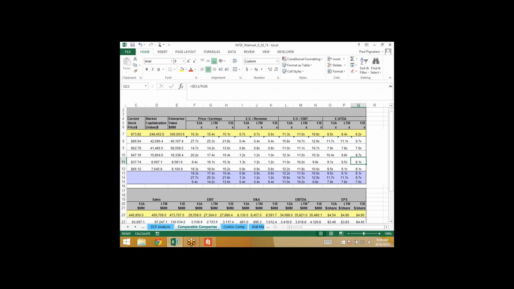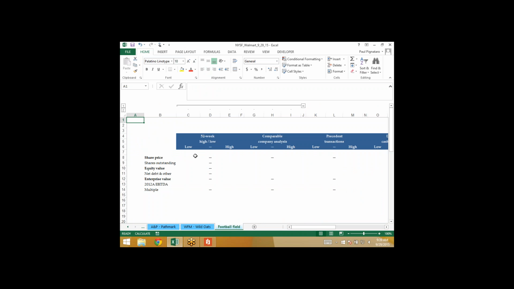We would assume, based on this analysis, that it shouldn't go outside of the range of its competitors, unless something major happens to the company. So we will lay out this similar thought process for each of the 3 methods in our football field analysis, as they call it, where we lay out the high and low of each.